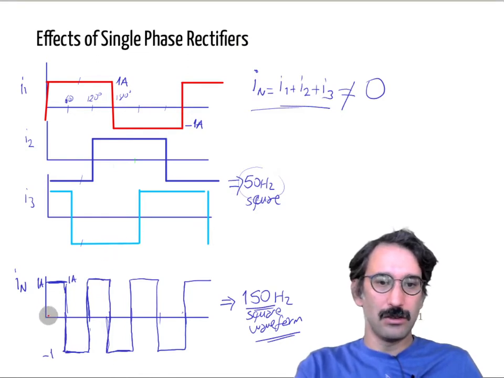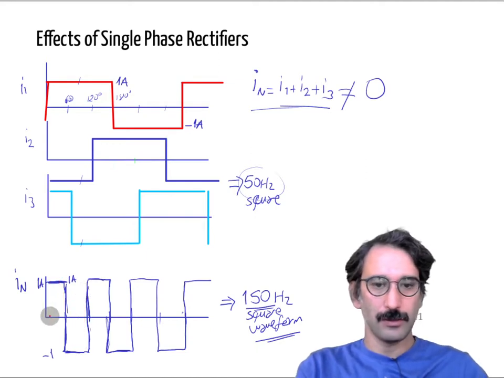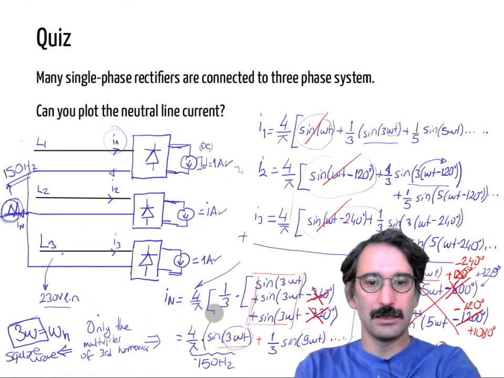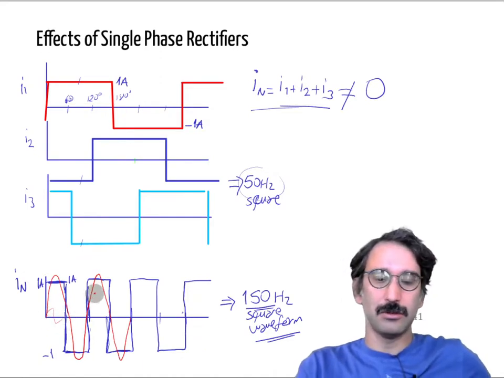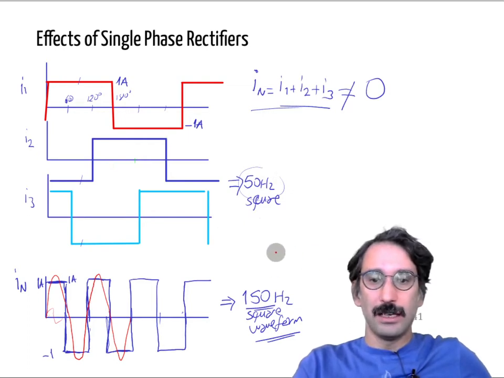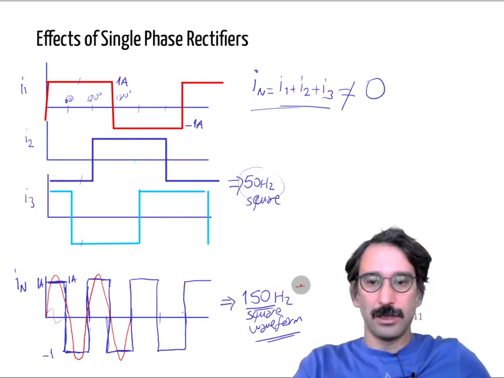at 150 Hertz, and you can have the fundamental component of that waveform, right? And that fundamental component is 4/pi sine 3 omega t, and you can have the third harmonic component of that, and so on. So basically you have 150 Hertz, so it is 50 Hertz times third harmonic, ninth harmonic, so we don't have the even harmonics, so it is 15th harmonic, and so on.